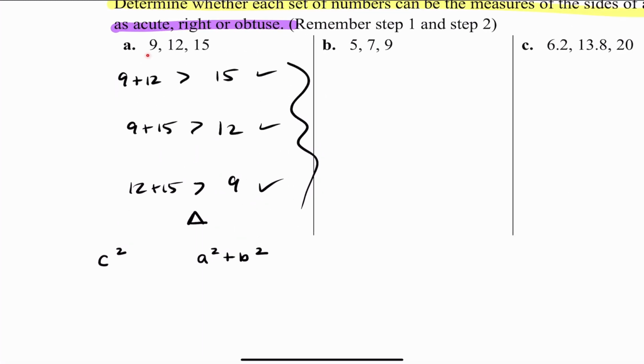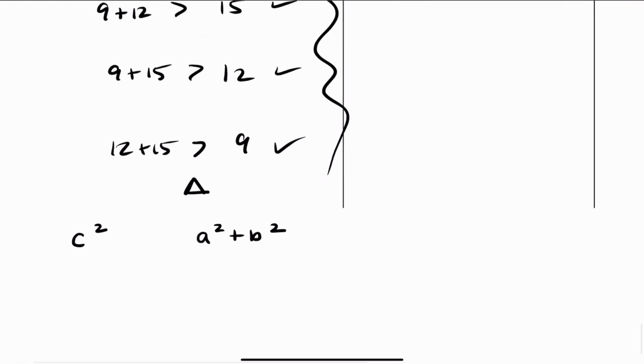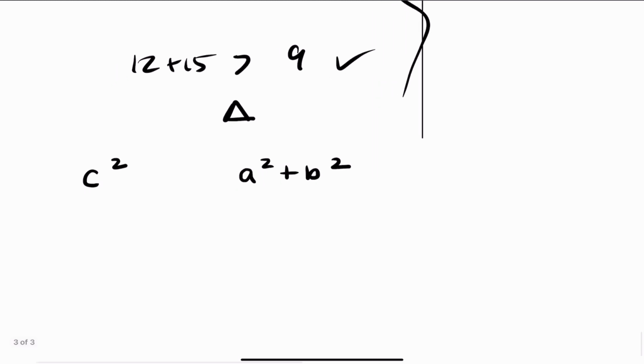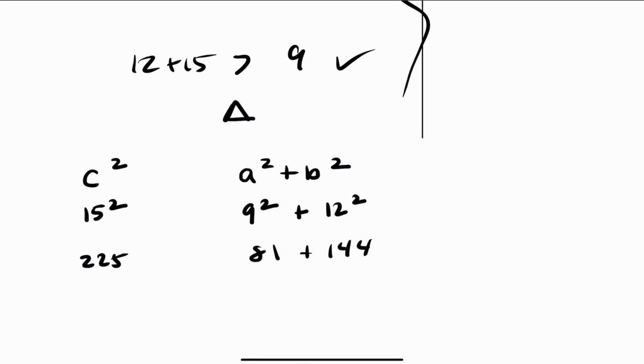So what is c from this set here? Well, it should be 15 because that's the longest side. So I have 15 squared, and then we've got 9 squared plus 12 squared. 15 squared is 225, 9 squared is 81, plus 144. 81 plus 144 is 225.